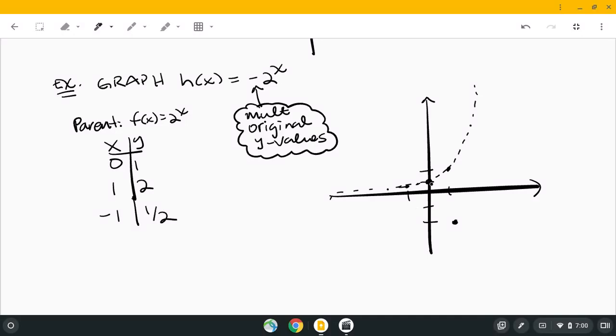This has a y value of 1. So if I multiply by -1, I get -1. This one has a y value of 1/2. So multiply by -1, and I get -1/2. Okay, and so we can see that it's a reflection over the x-axis.